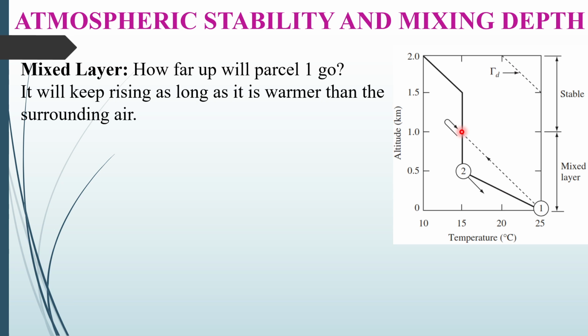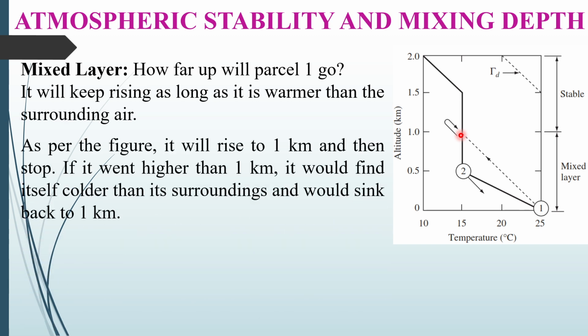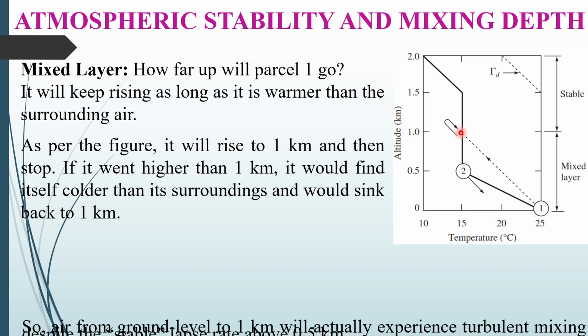So at the point of 1 kilometer it will stop. If it went higher than 1 kilometer, it would find itself colder than the surroundings, so it would sink back to 1 kilometer.